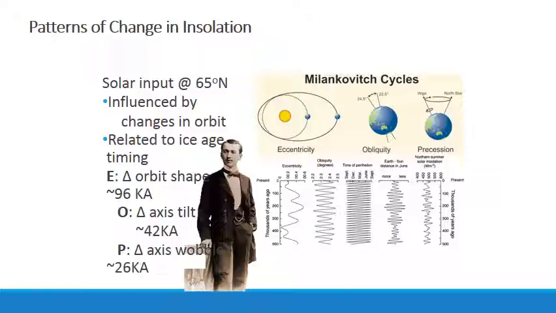And right now, we're right in the middle at a 23.5. As that change in tilt occurs, that causes a change in the intensity of seasons in both hemispheres.